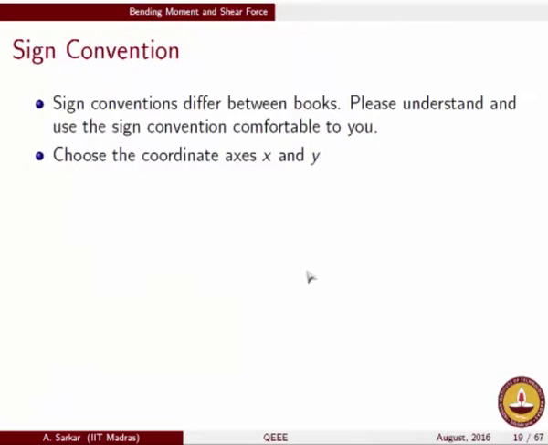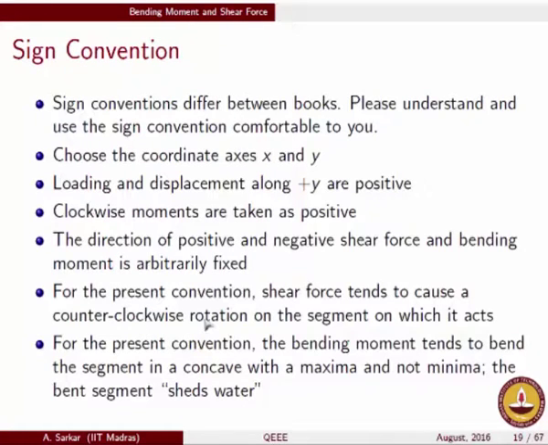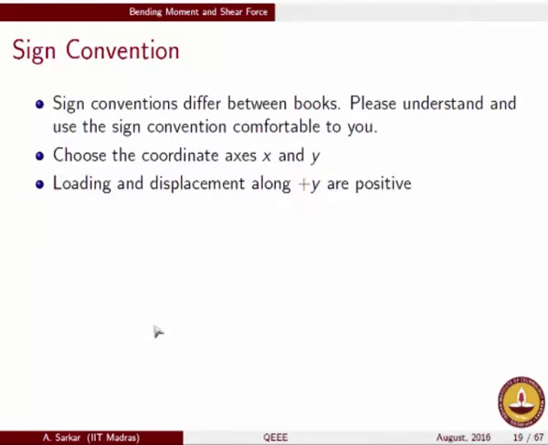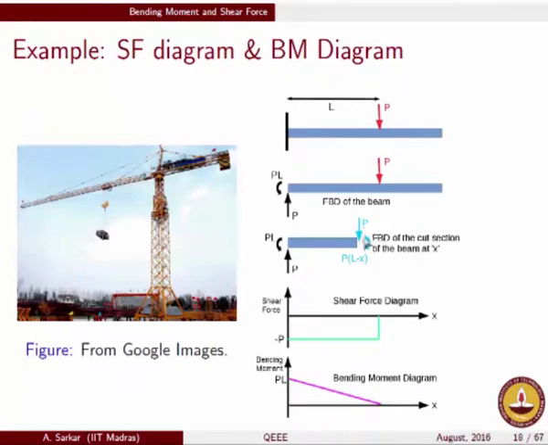What we had decided as per the sign convention is that the shear force will be positive if it is supposed to create counterclockwise rotation. But here we see the effect of this shear force is to create a clockwise rotation. So as per our sign convention this is not positive, this is negative. Accordingly we had drawn the shear force diagram in the negative direction.